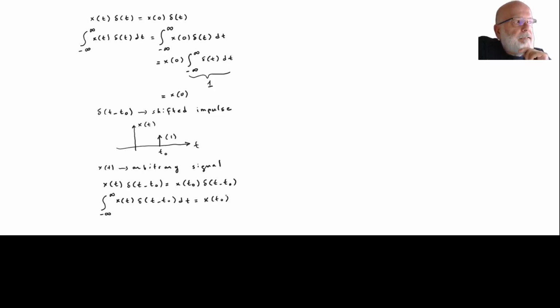But there are other examples where we use impulses in space. So delta of t is the impulse in time. But for instance, as a function of space, how can we visualize or how can we associate a meaning to the Dirac delta function or impulse function?